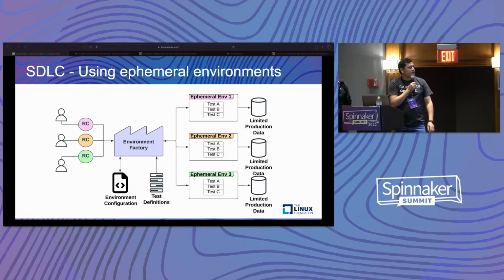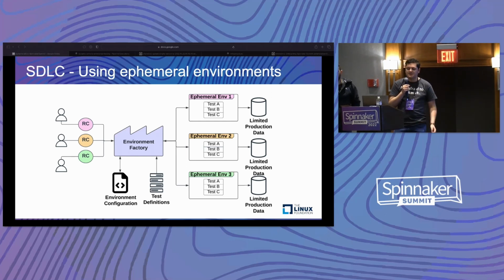In this other example, this is for using ephemeral environments. In this case, we have the same developer team with their features, but we have an environment factory. The environment factory is responsible for creating a temporal environment based on an environment configuration, and it will load test definitions on it.